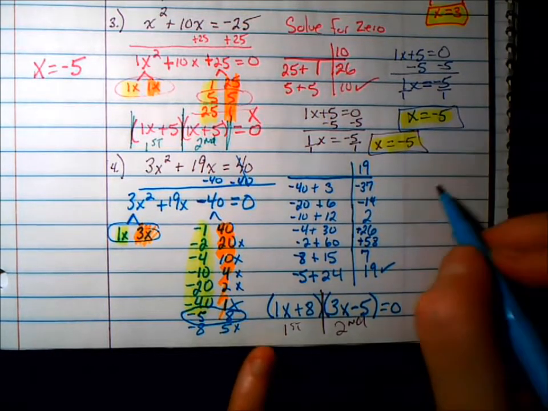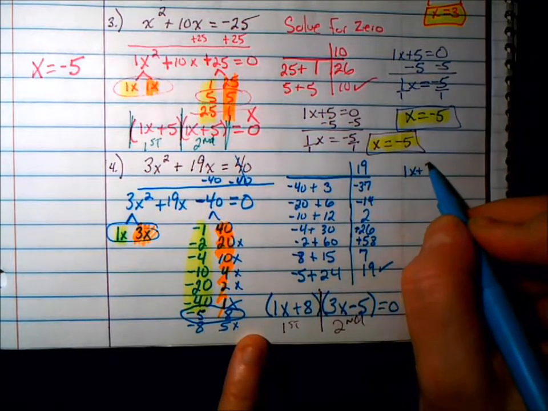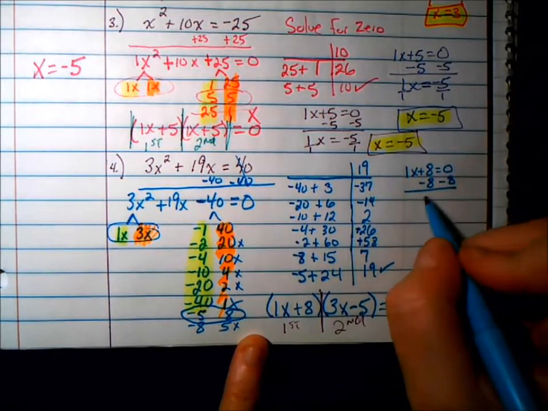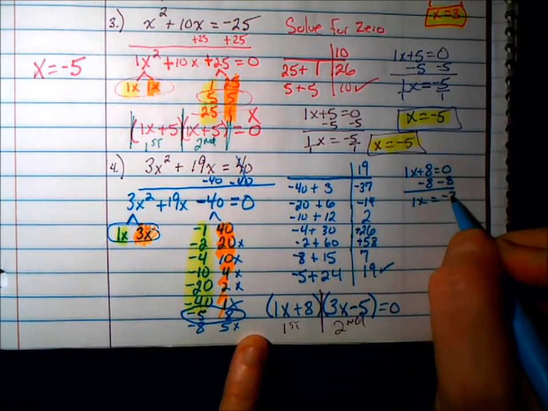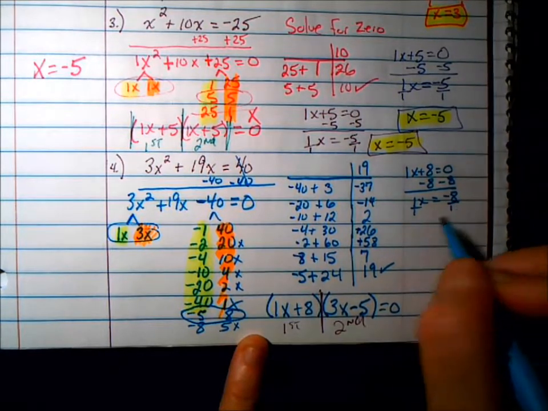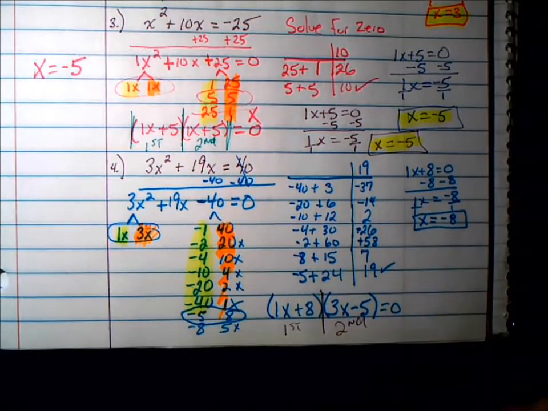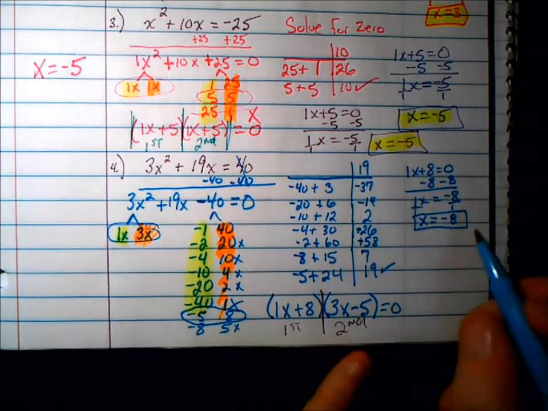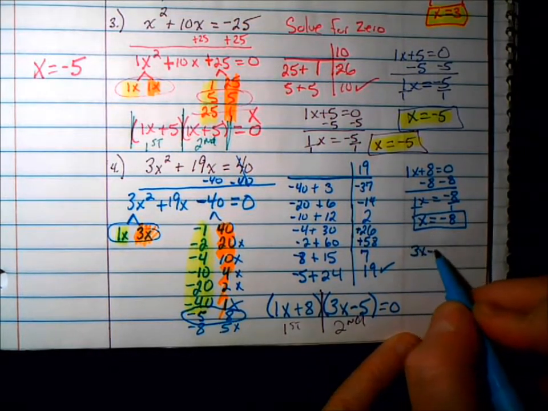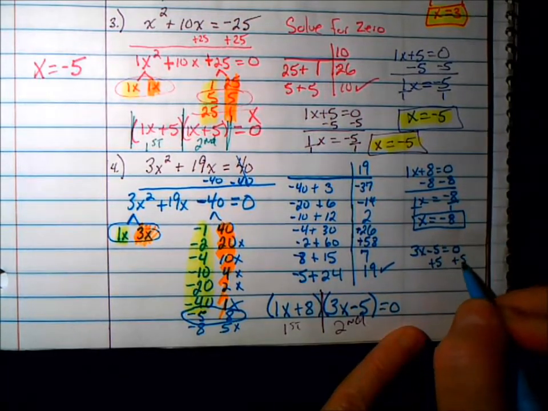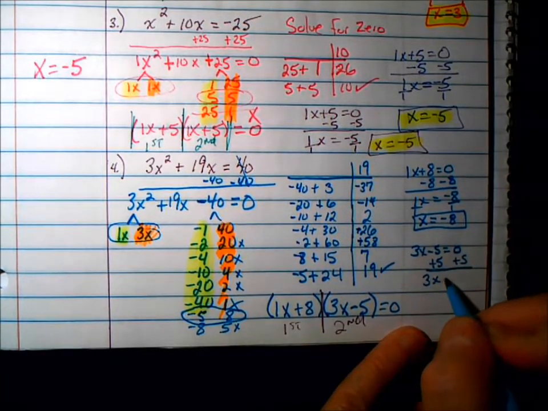I'm going to squeeze it in over here. So I have 1x plus 8 is equal to 0. I'm going to subtract 8 and have 1x equals negative 8. I divide by 1, x is equal to negative 8. If I take the second equation, 3x minus 5 equals 0. I want to add 5 and have 3x is equal to 5.